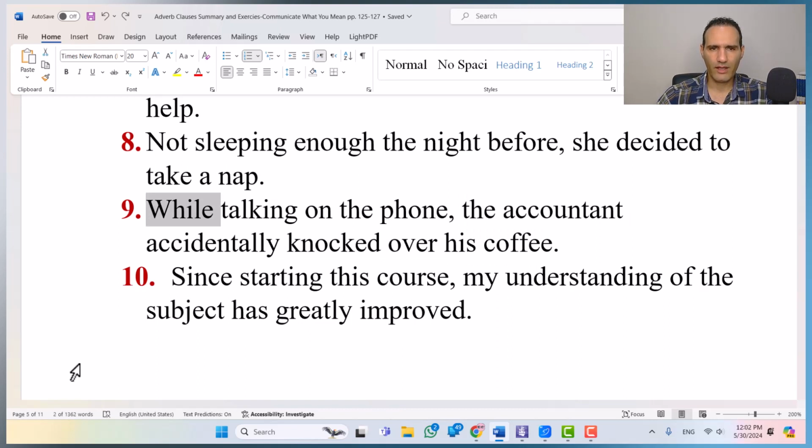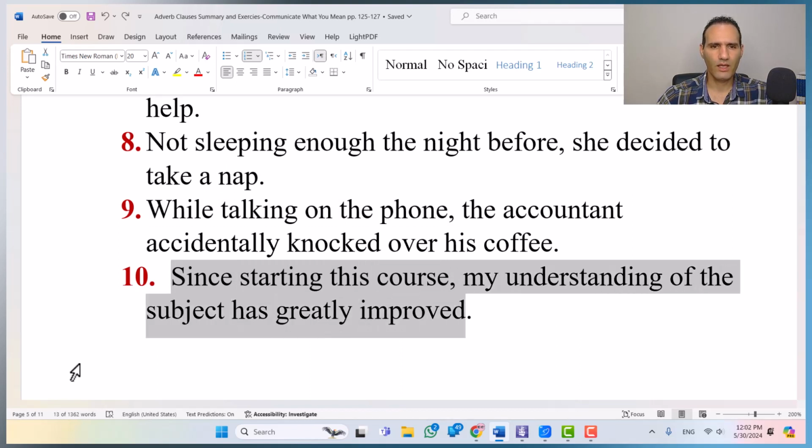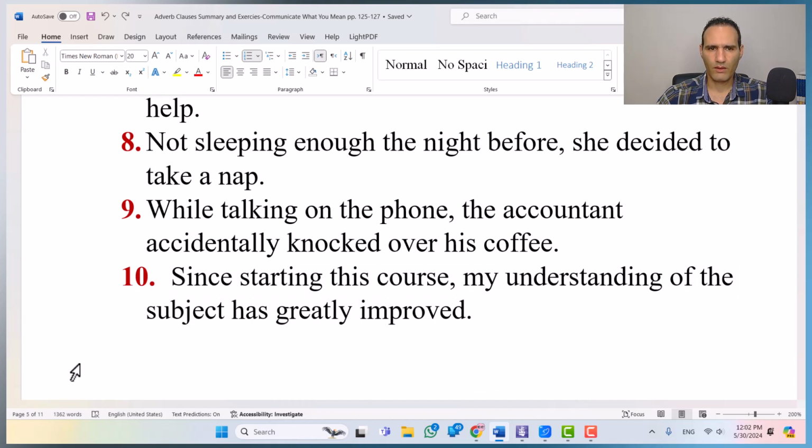While the accountant was talking on the phone, the accountant accidentally. So while talking. And number 10, since starting this course, my understanding of the subject has greatly improved. Since I started this course, my understanding.